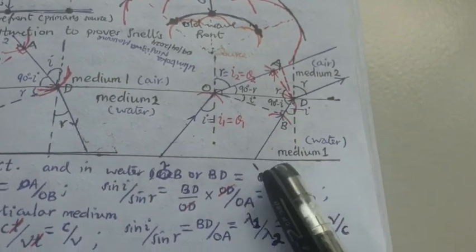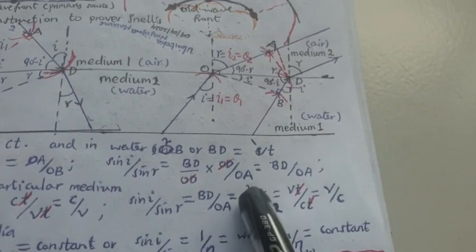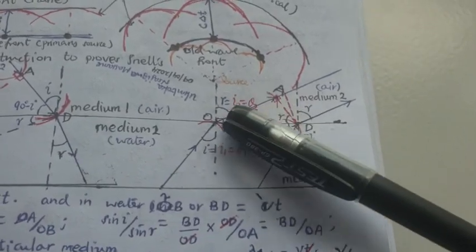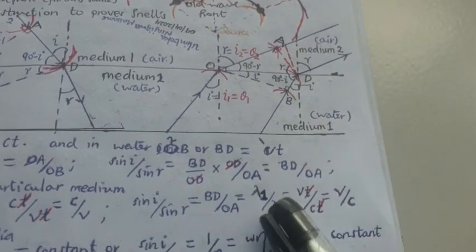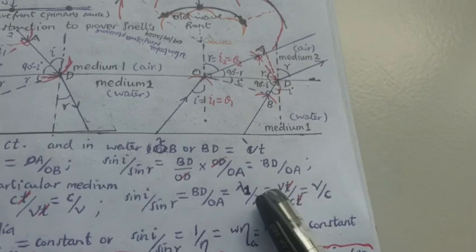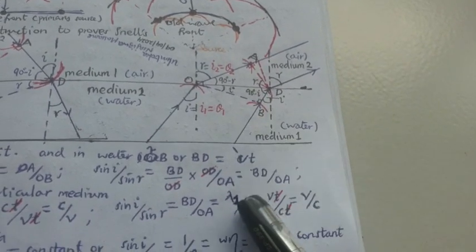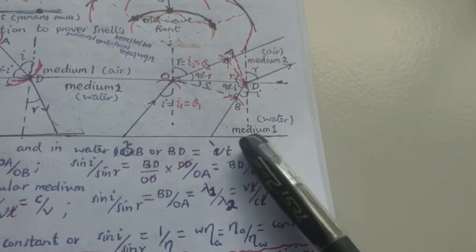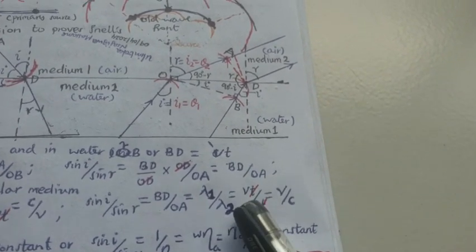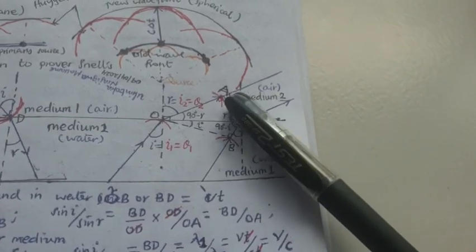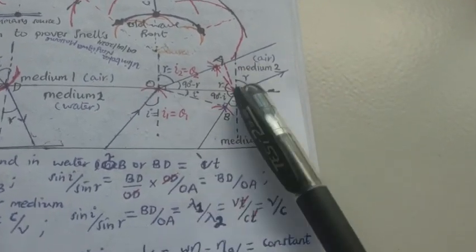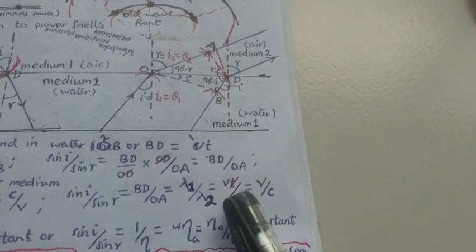Remember, BD is of medium 1, hence it is wavelength 1, and OA is of medium 2, hence wavelength 2, which is equal to the velocity times time of medium 1, the velocity of the denser media, which is Vt, divided by the velocity of medium 2, the less dense medium air, which is Ct.